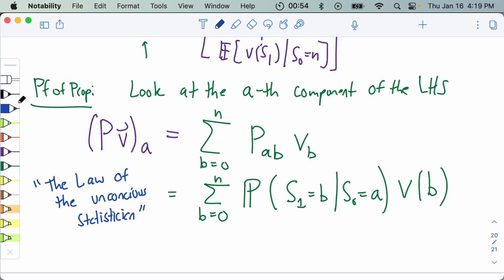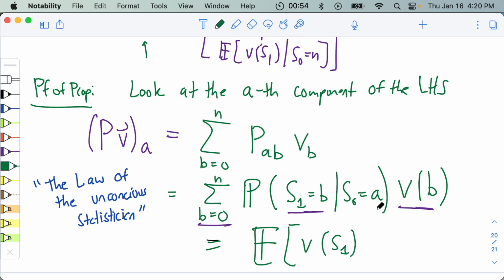So this is equal to the expected value, right? We're adding up the value times the probability over all the possible states. That is exactly what the expected value means. Expected value of V of S1. And the point is that S0 equals A is always the same here, so you're just conditioning on S0 equals A as your starting point.